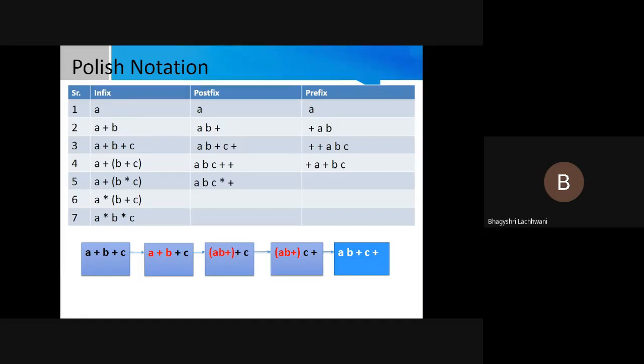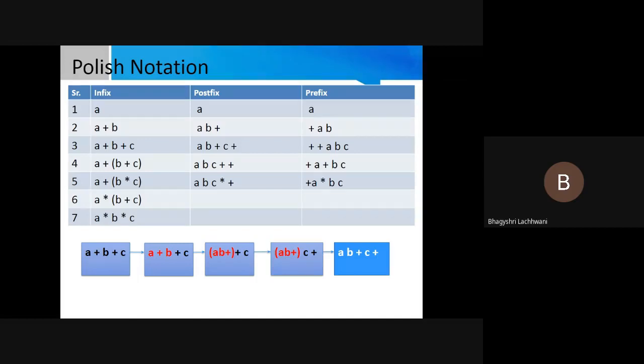Next, first the parenthesis we have to solve. That means A into BC multiplication. Again, the postfix is ABC multiplication plus. At the time of prefix, first we have to solve B into C, that means star BC.